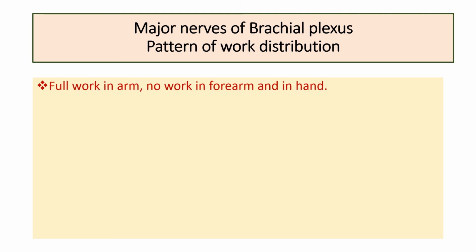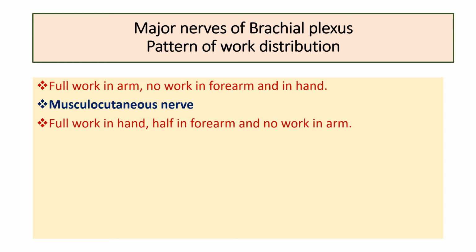So which is the nerve that has got full work in the arm, no work in forearm and in the hand? It is the musculocutaneous nerve. Then which is the nerve that has got full work in the hand, half in the forearm and no work in arm? That is the ulnar nerve.